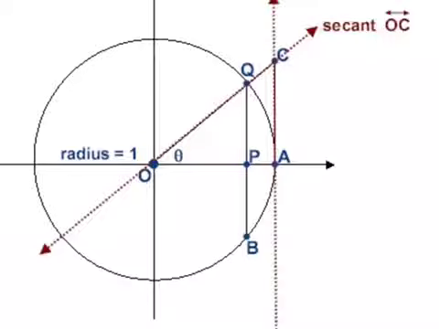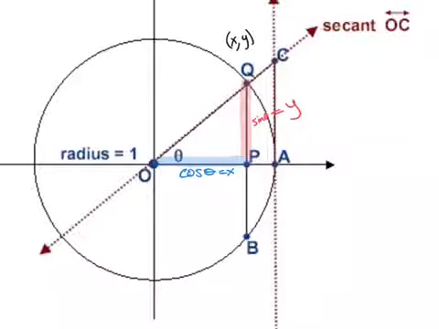Then the opposite side here in red is going to be the sine of theta, and the adjacent side here in blue is going to be the cosine of theta, and the point Q is going to have the coordinates x, y, and so sine of theta is going to be equal to the y coordinate, and cosine of theta is going to be equal to the x coordinate.